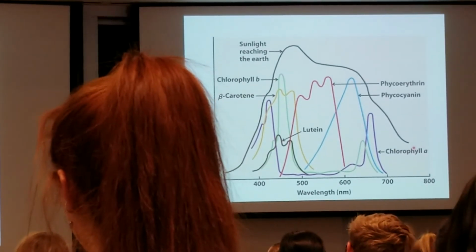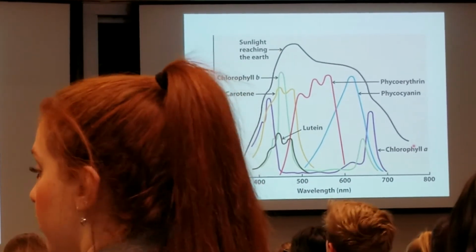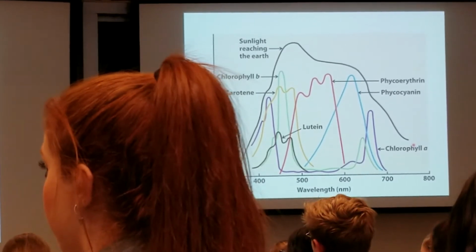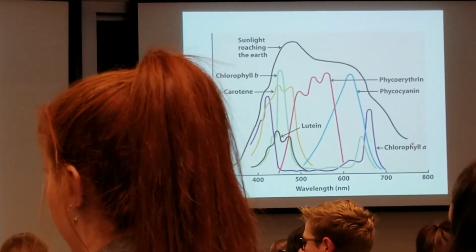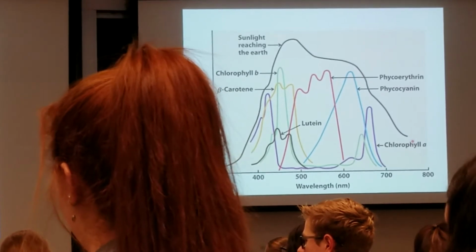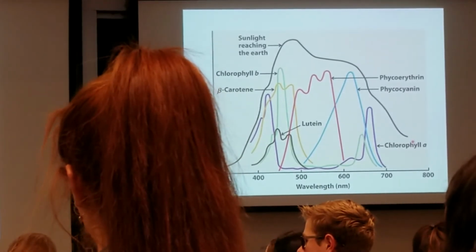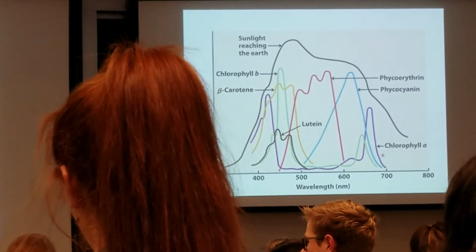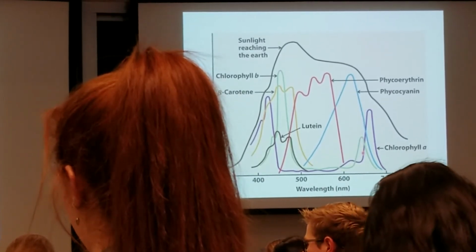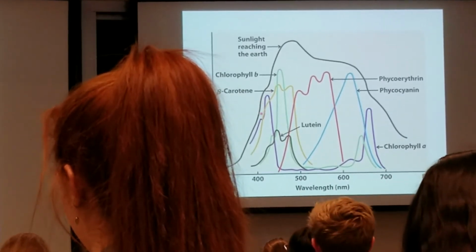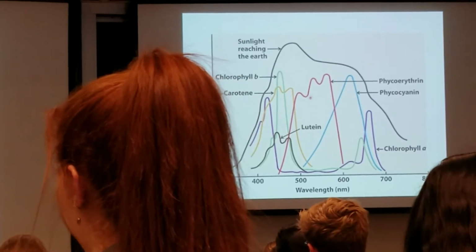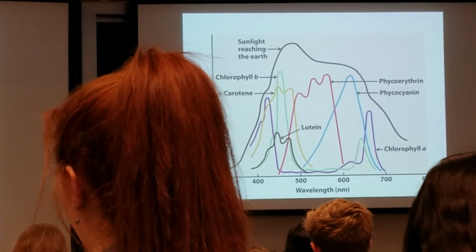And so you have pigments that have evolved to handle different parts of the spectrum so that the photons of light coming from the sun are not wasted. So something like chlorophyll A has a peak absorbance out here, but also one down here. But these other things with different structures absorb light differently.